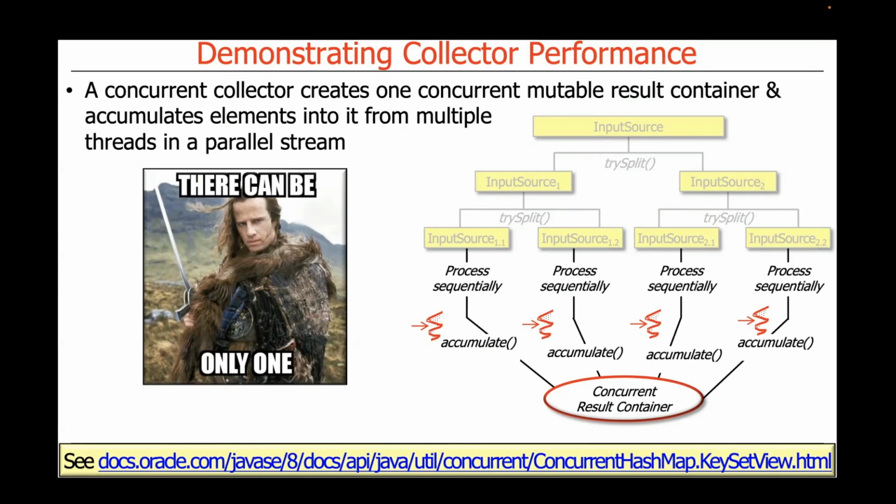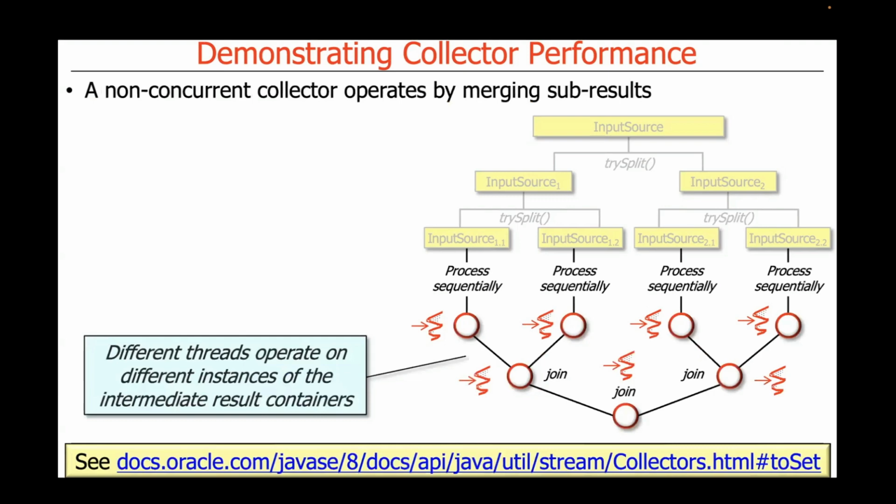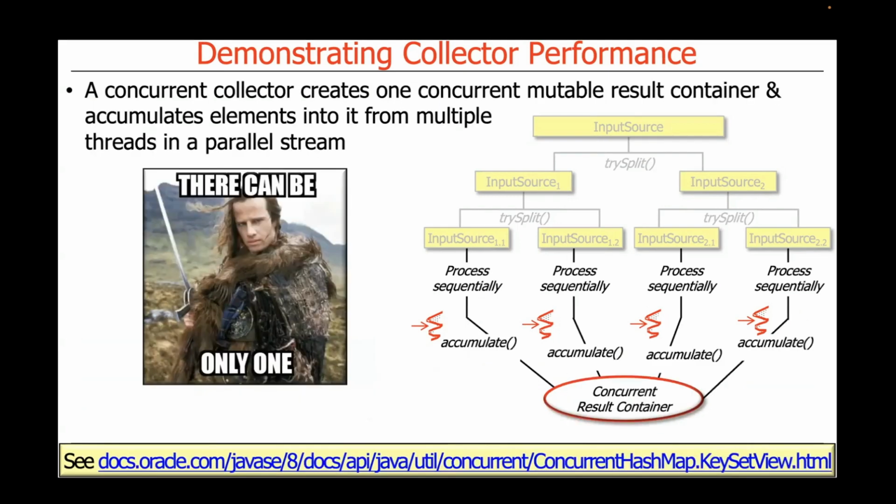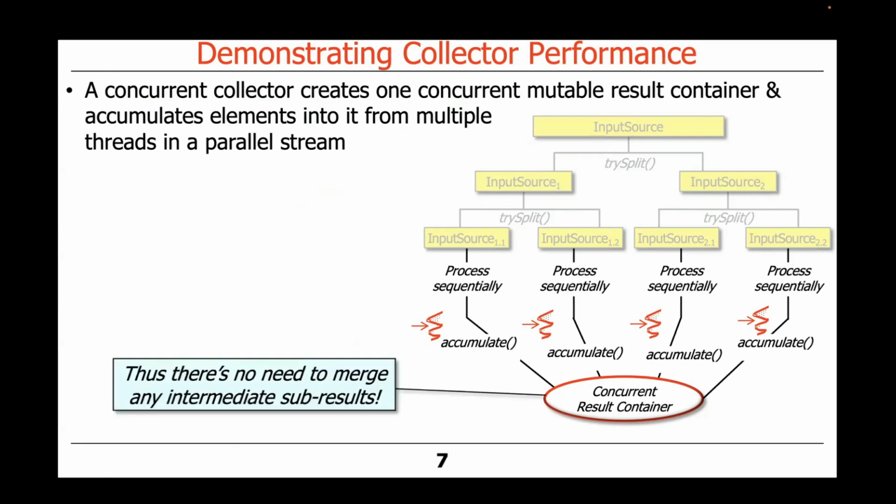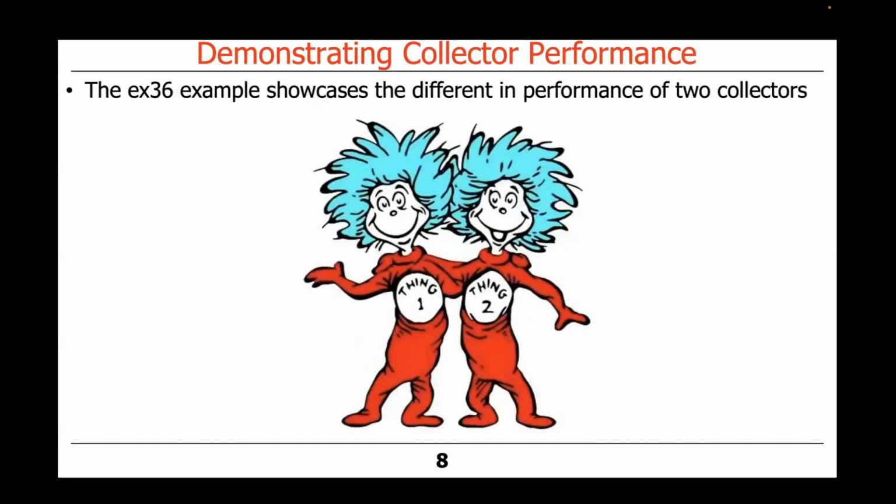Unlike the previous approach, where things are done locally in each thread and then merged together by the parent, with concurrent collectors there's only one container, and the different threads in the parallel stream's common fork join pool will directly add elements to it. Therefore, the big win, if it helps you in the right circumstances, is that there's no need to merge intermediate subresults.